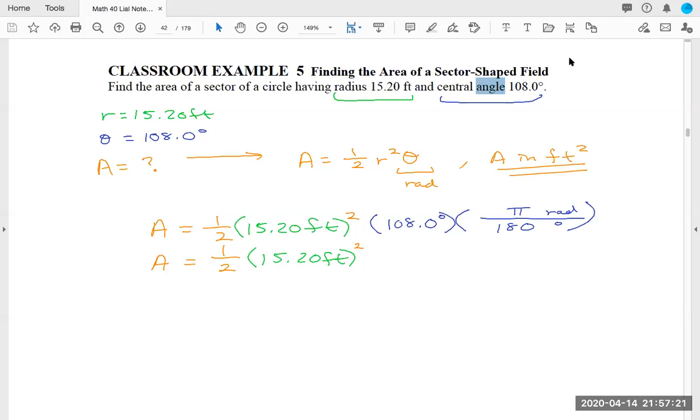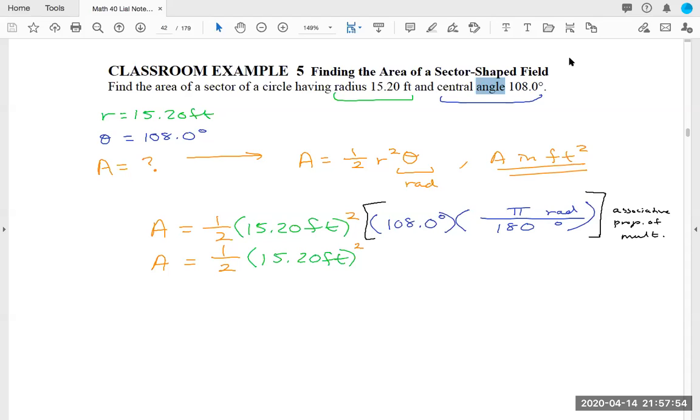I'm going to put a giant bracket around this part here for a moment, just so you know that I'm going to use the associative property of multiplication to multiply these guys out before I do any squaring or anything over here. I'm essentially adding parentheses into my problem legally.